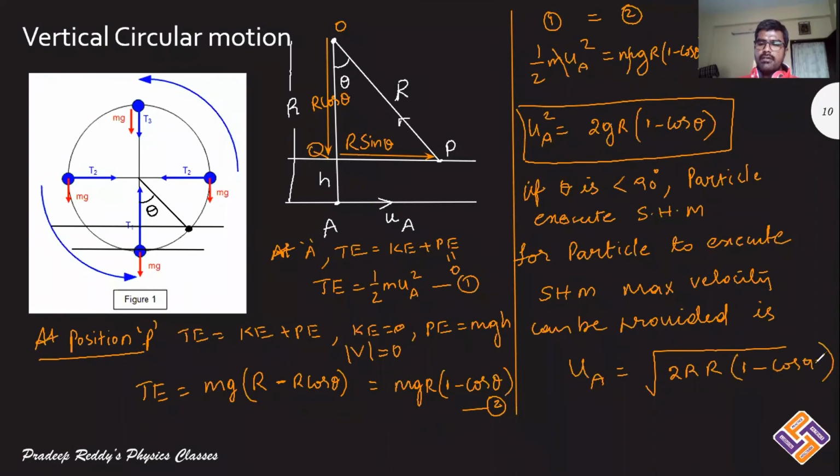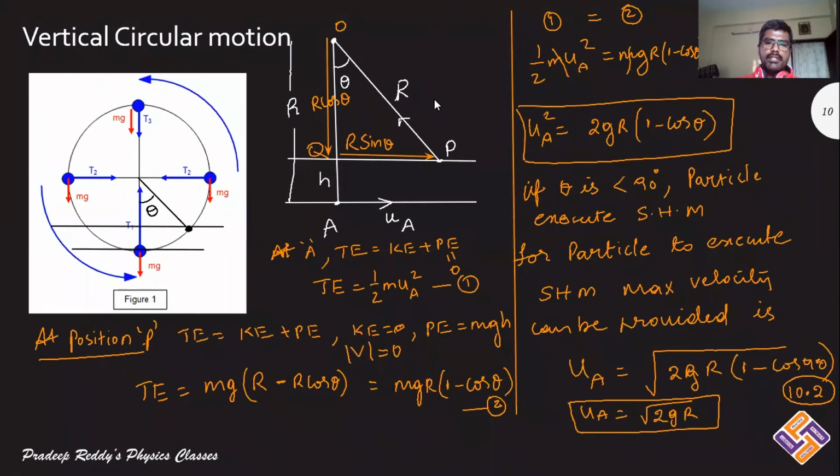What is cos 90? Cos 90 is equal to 0. So UA is equal to under root 2gR. So that means if the velocity is less than under root 2gR, then this particle will execute simple harmonic motion. That is condition number 1.